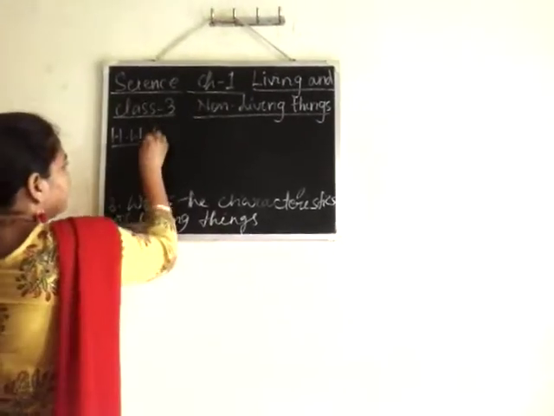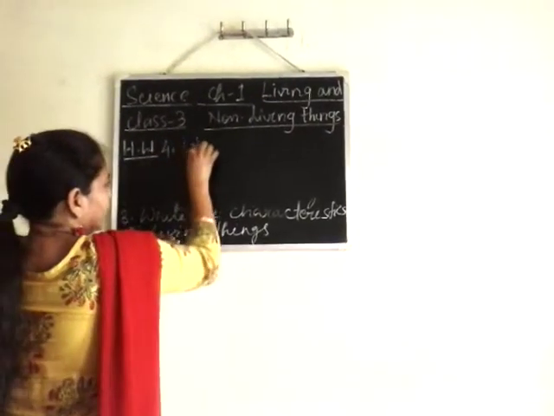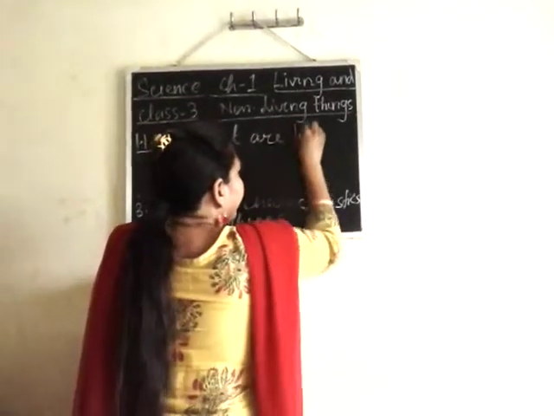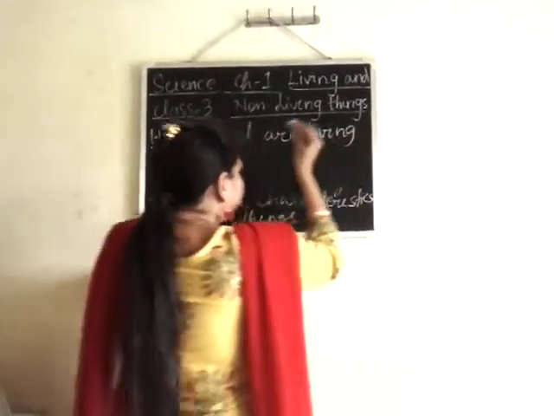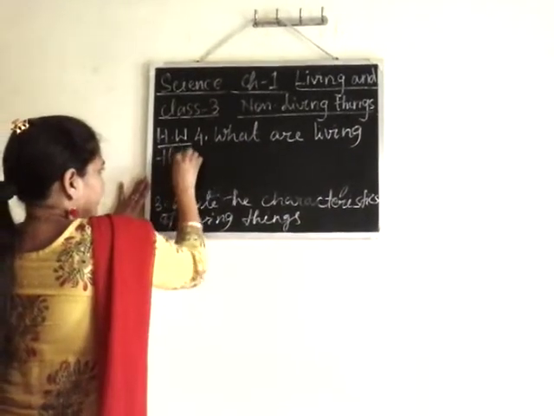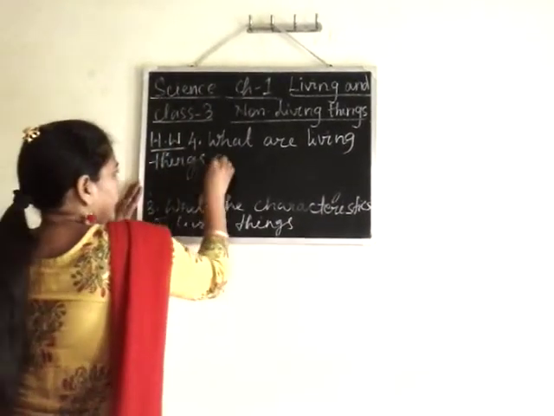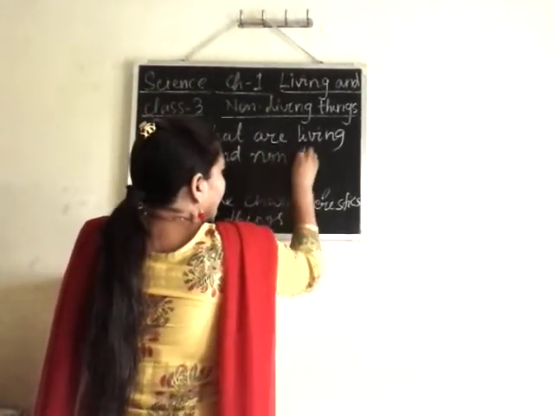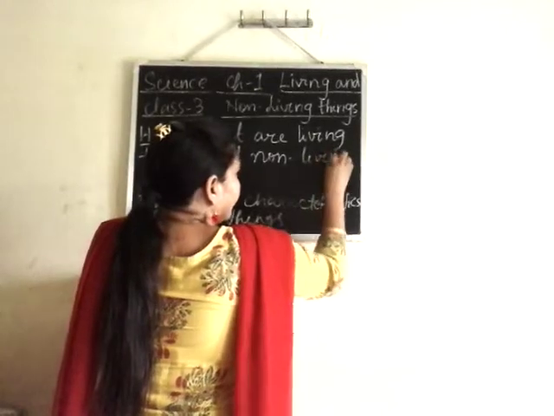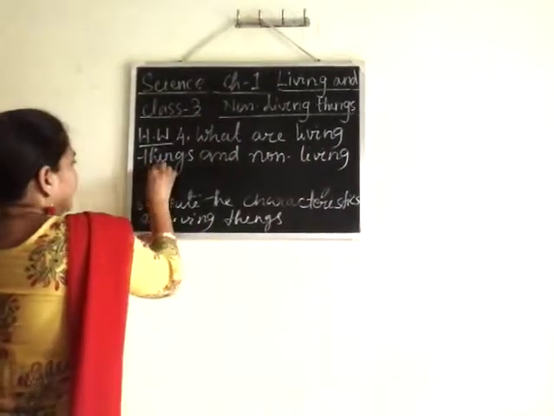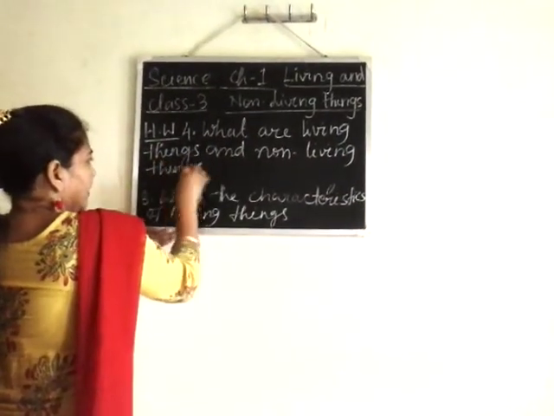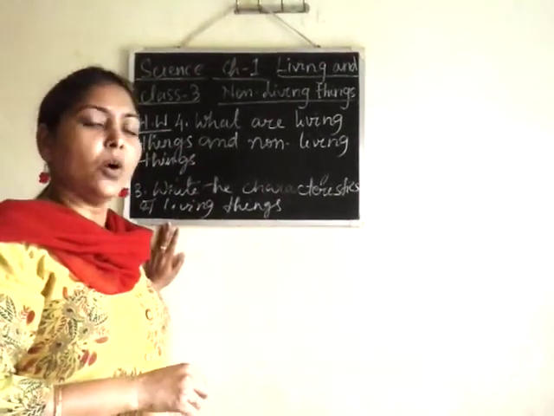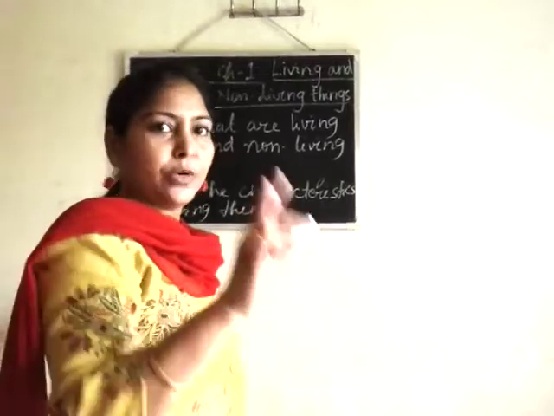Fourth question: what are living things and non-living things? And you will also give examples, at least two examples.